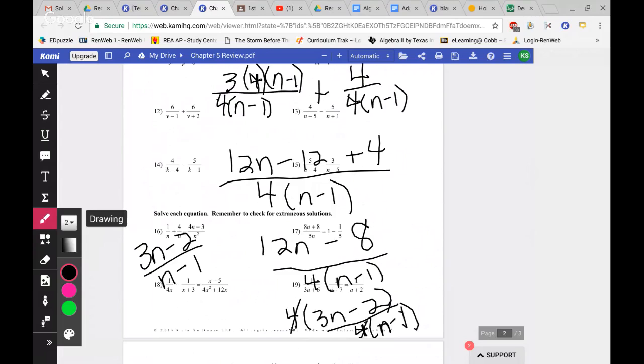Could you just do 4 times n plus 1 minus 5 times n minus 5 on the top and one denominator on the bottom? Yes, you could absolutely do that if you can skip that middle step and it doesn't cause you a problem.